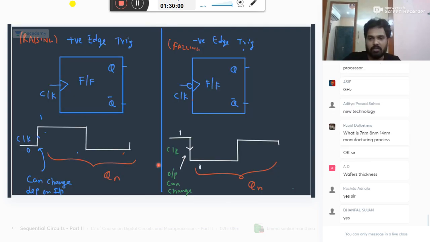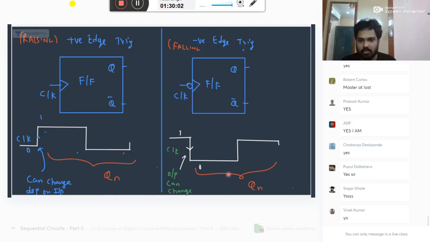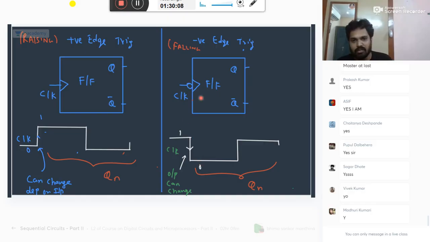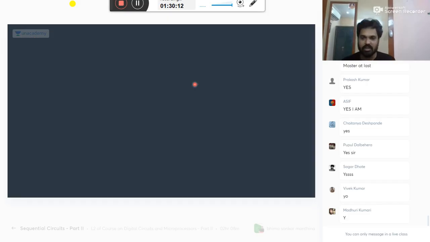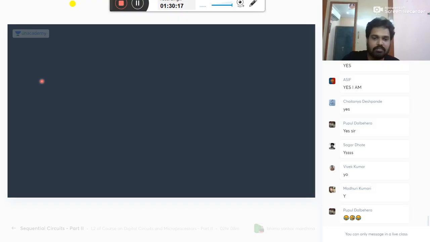But before that, let me give you a little basics about this edge triggering internal circuit. Sir, how can we blindly say it is working only for the edge? Will you make some mantra so that it will work only at the edge? No. How to make the design of edge triggering? Let me show you. See here, you have the original clock.